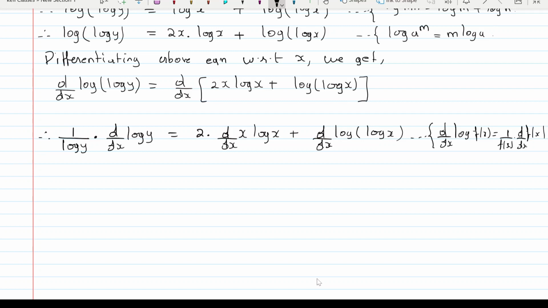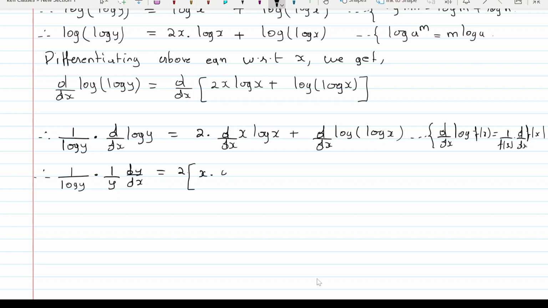Okay? So therefore 1 upon log y into, again d by dx of log y is 1 upon y dy by dx, is equal to 2 into, this is not product rule, x log x, correct? X log x it will be product rule.